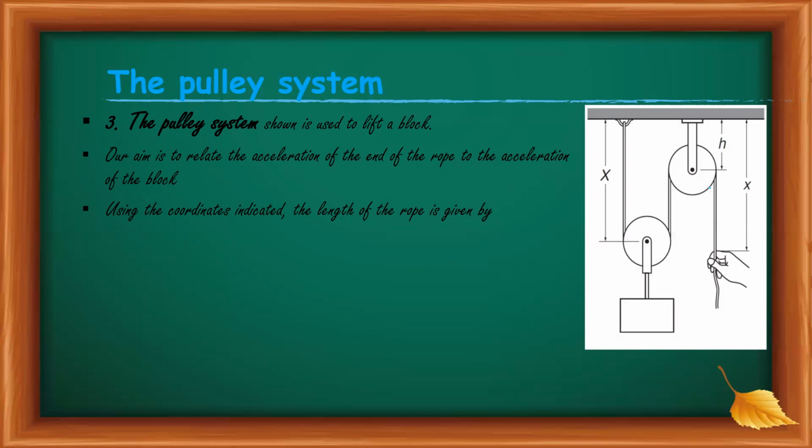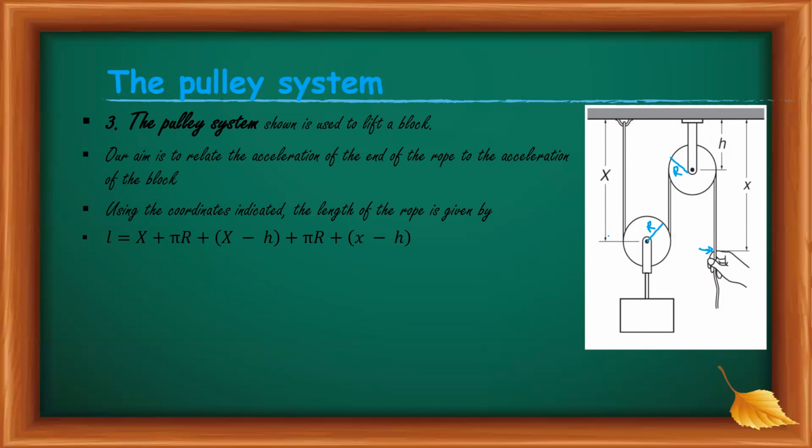As the string is inextensible, we can express the length up to this point and the length up to this point. Here we use two pulleys with radius r.